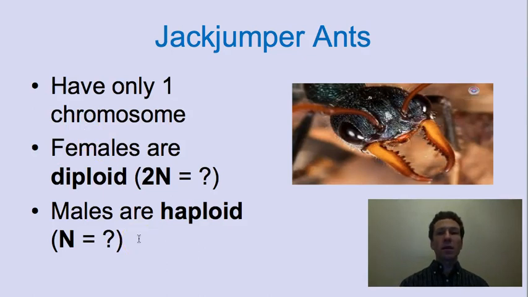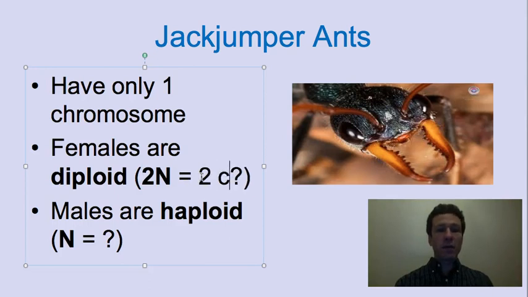Let's consider the case of jackjumper ants, simply because the numbers are simple. This is an unusual eukaryote in that it has only one chromosome or one pair of chromosomes. Females in jackjumper ants are diploid, and that means that the females, since they're 2n and there's only one chromosome or one pair of chromosomes, must have two chromosomes.